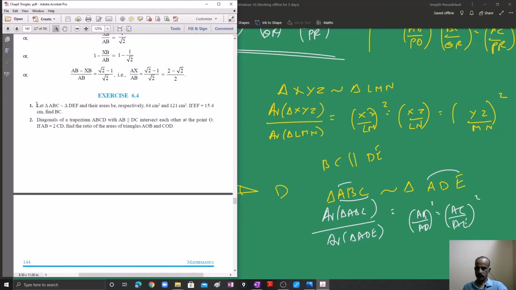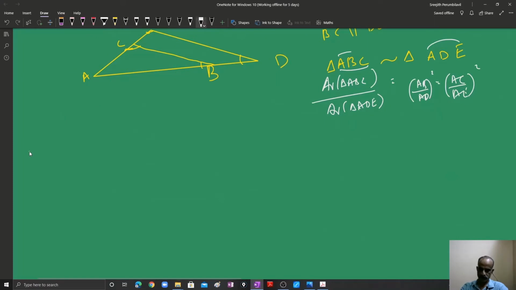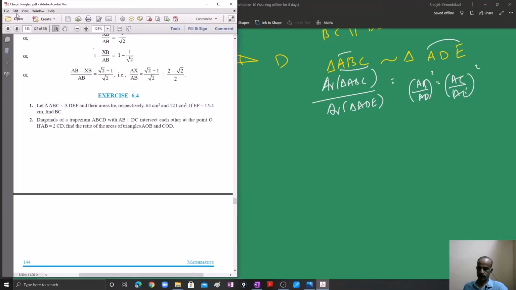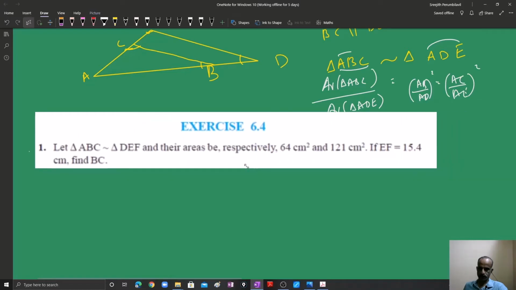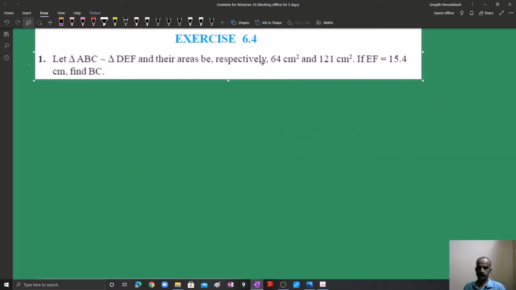Exercise 6.4, first question. There are two triangles, triangle ABC and DEF.